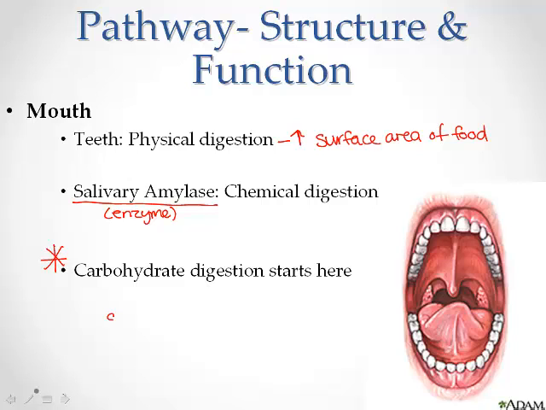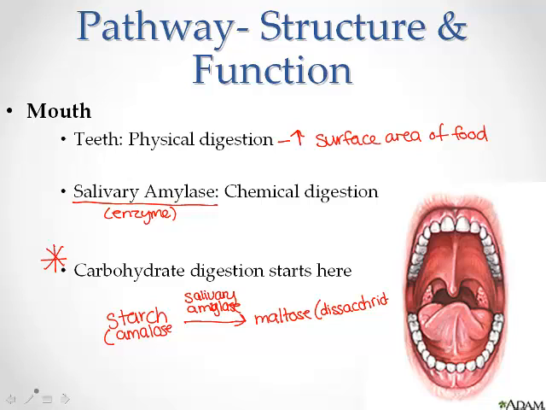So we have our carbohydrate starch. Another word for it is amylose. And it is going to be broken down by our salivary amylase into maltose. And maltose is a disaccharide of glucose.